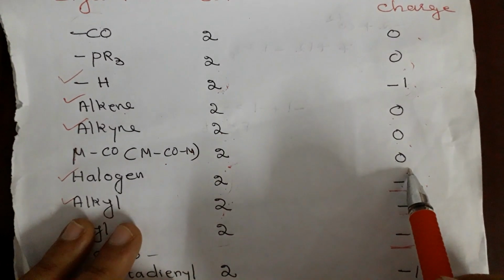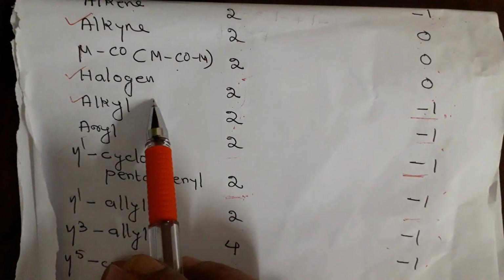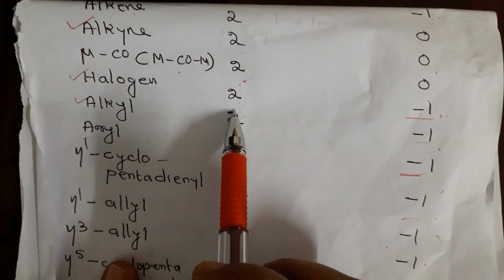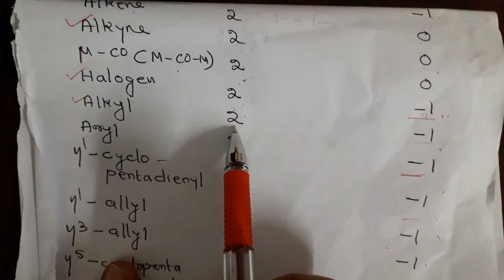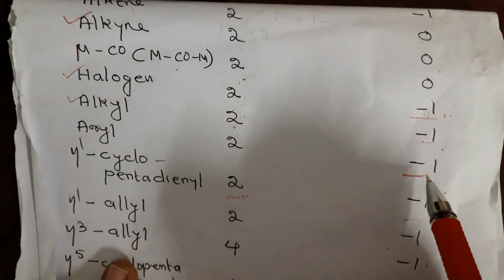Any metal-metal bond or bridging carbonyl, electron contribution 2, formal charge 0. Then any halogen group, electron contribution 2, you have to note this one, formal charge minus 1. Alkyl, 2 electron contribution, formal charge minus 1. Aryl, electron contribution 2, formal charge minus 1.